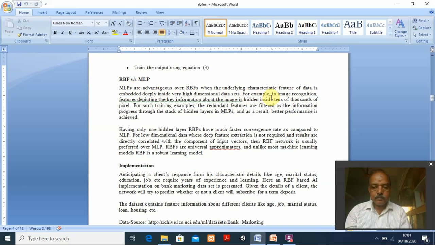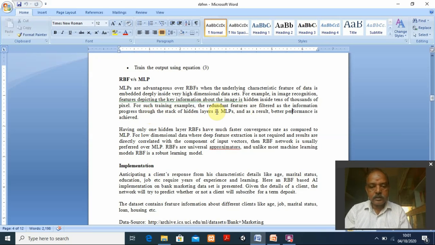For example, in image recognition, the features depicting the key information about the image are hidden inside tens of thousands of pixels. For such training examples, the redundant features are filtered as the information progresses through the stack of hidden layers in MLP, and as a result, better performance is achieved.